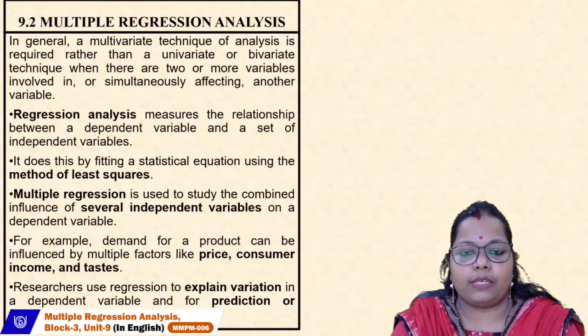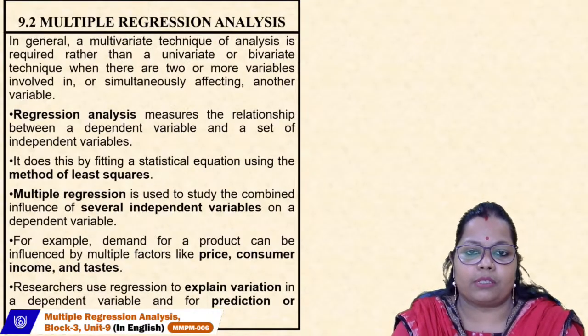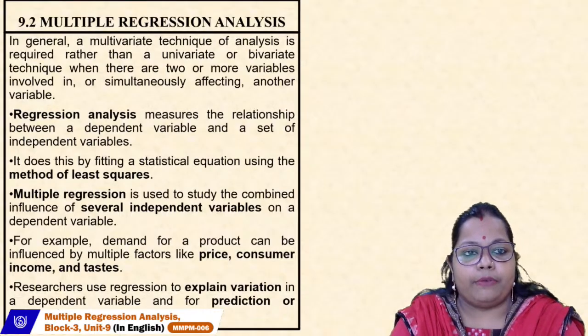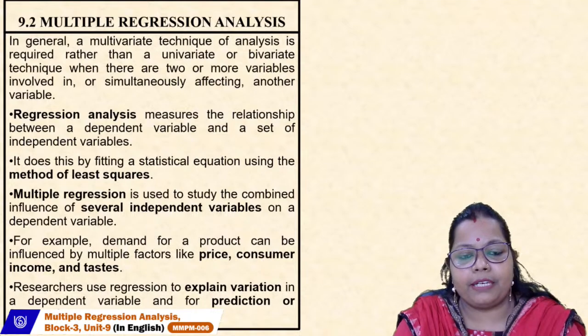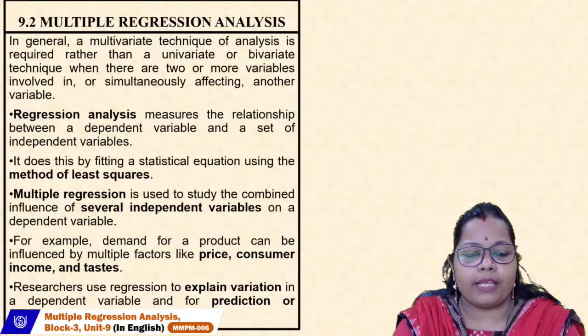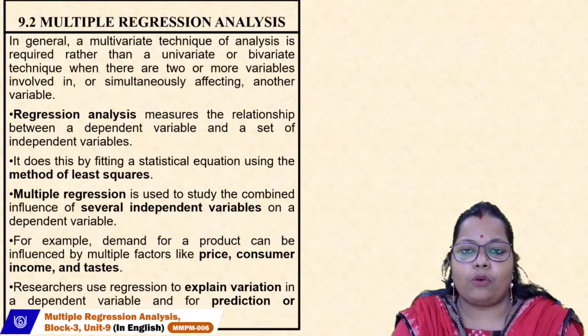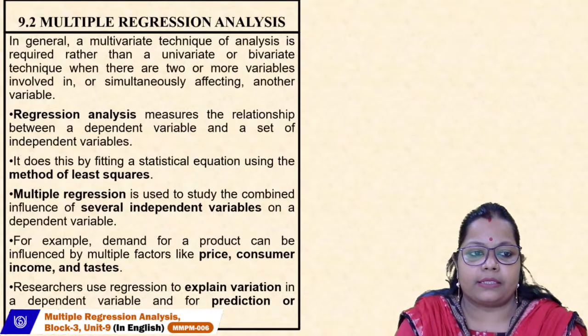Otherwise, we cannot calculate any kind of relation or association between them, and also we cannot predict one variable when another variable's value has been given to us. So, when I am talking about multiple, I definitely start from two variables, not from one variable. So more variables are involved here, simultaneously affecting another variable in the context of multiple regression analysis.